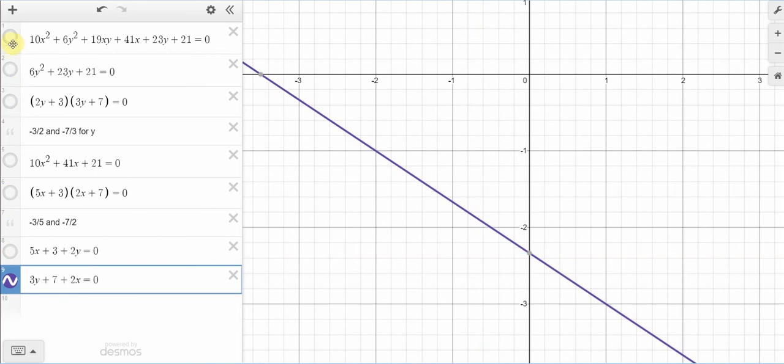Now I want you to compare it with the initial line. You see, we have got our line.